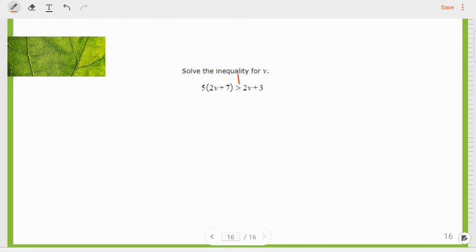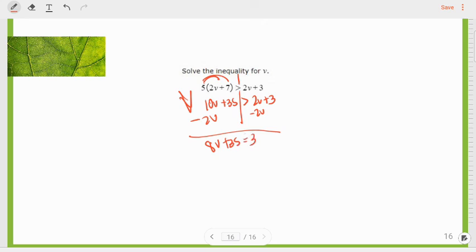And last but not least, my inequality. So distribution, 10v plus 35 is greater than 2v plus 3, bigger variable, move the smaller one. So this was an addition, so I'm going to subtract. 10 minus 2 is 8. Whoops.